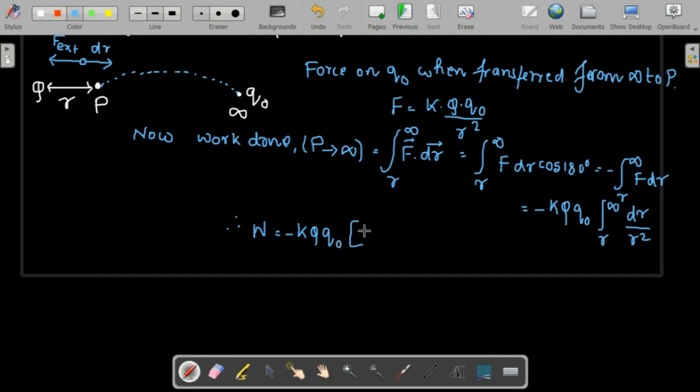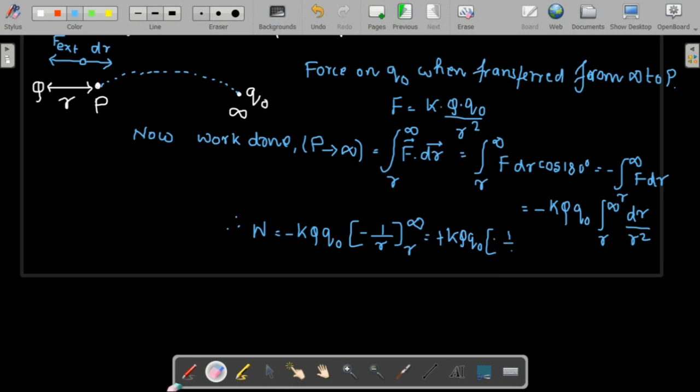The integral of x to the power n is x to the power n plus 1 divided by n plus 1. So if you do it, we get 1 divided by r, and the limit is from r to infinity. So it is minus of k Q Q naught within brackets, upper limit minus lower limit. We can in fact take the minus sign out, so it will become plus.